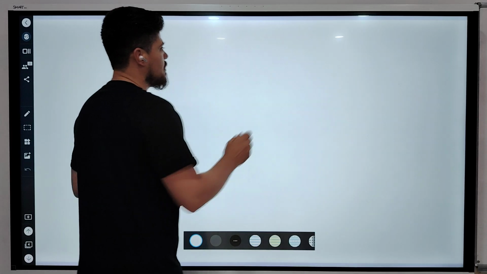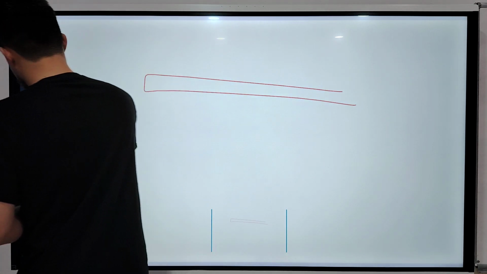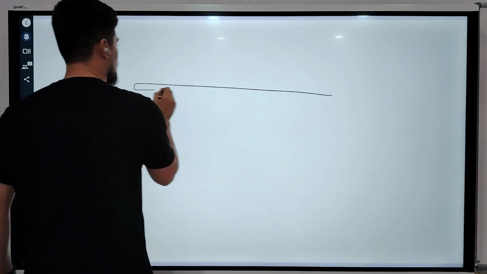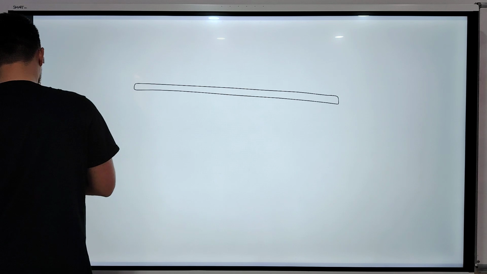Okay, let me show you some examples. For example, if we have a thin rod, this is the axis of rotation.